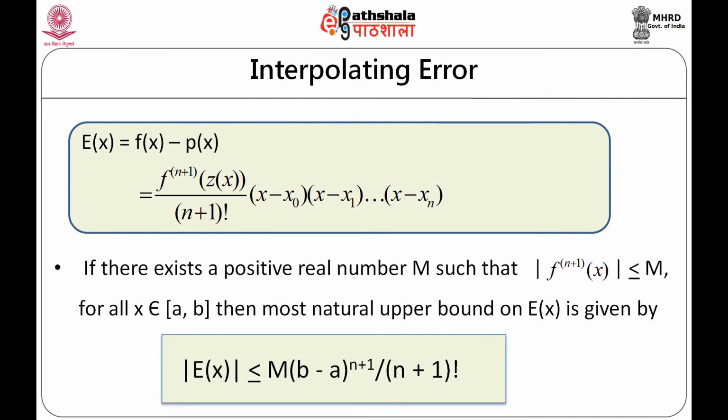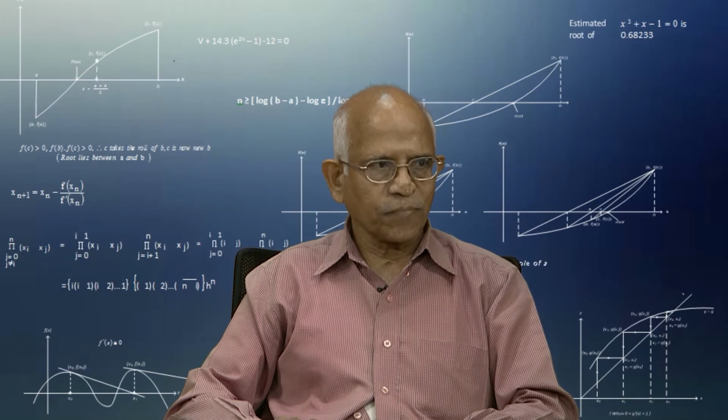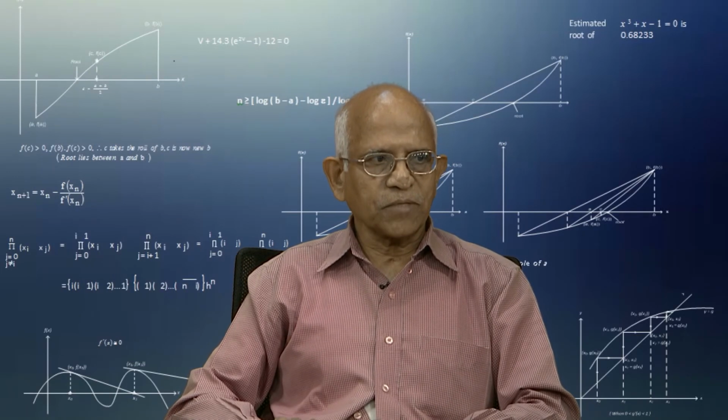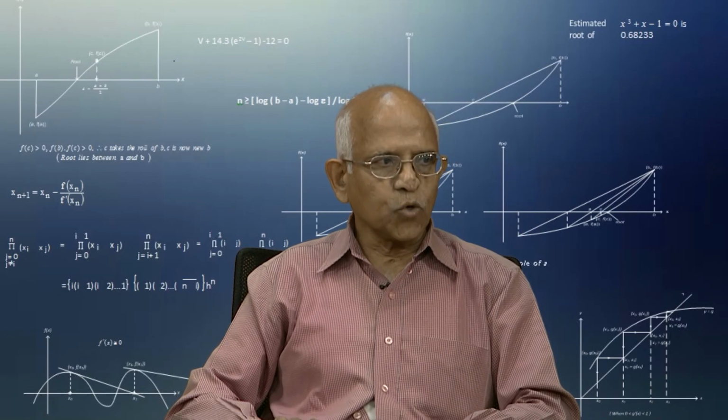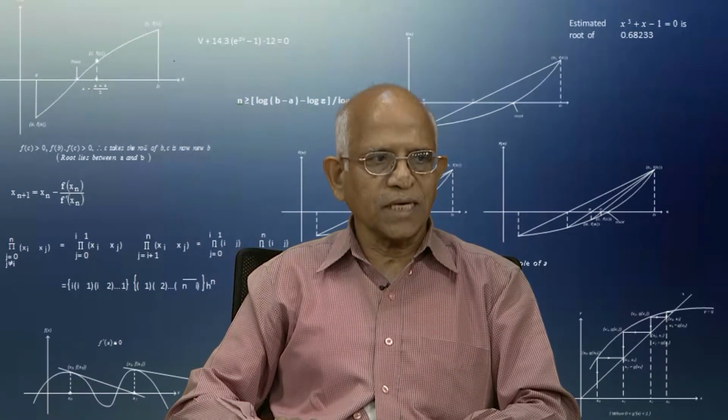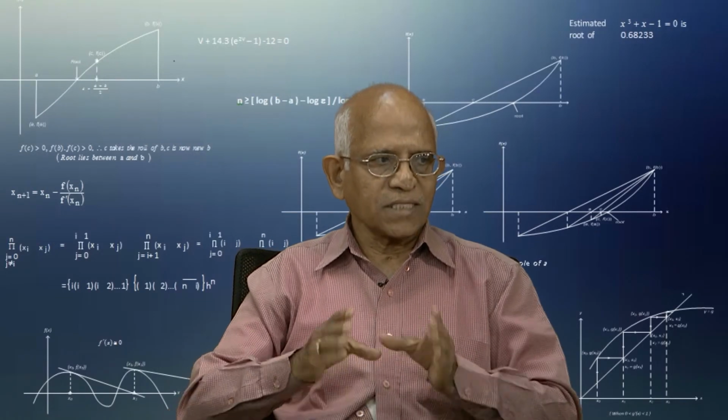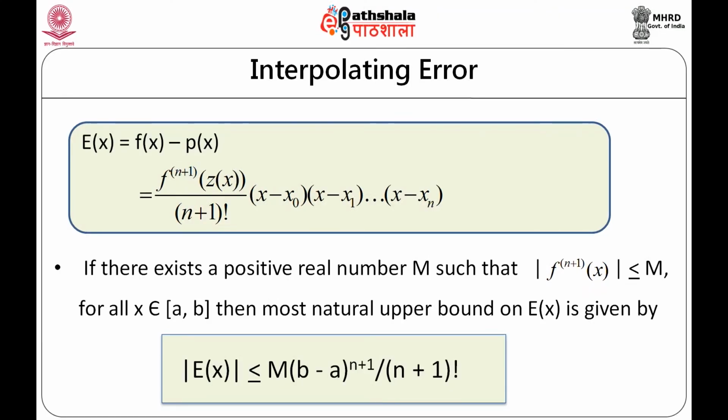So, we try to get some upper bound on the (n+1)th derivative of f on the whole interval [a, b]. That means I am trying to find a real number M such that the modulus of f^(n+1)(x) is less than or equal to M for all x belonging to [a, b]. Then the most natural upper bound on E(x) is given by modulus E(x) less than or equal to M upon (n+1) factorial times the product of modulus (x minus xi), where x and all the xi's are inside the interval [a, b].